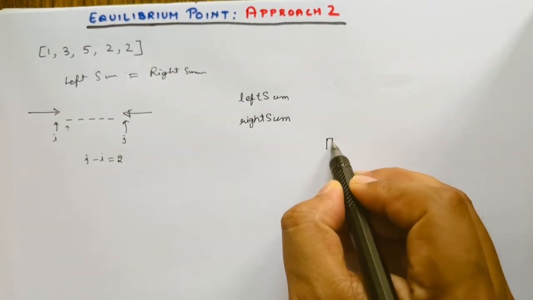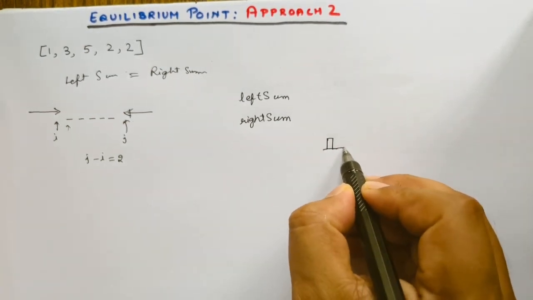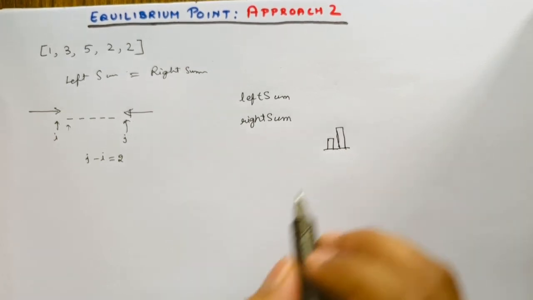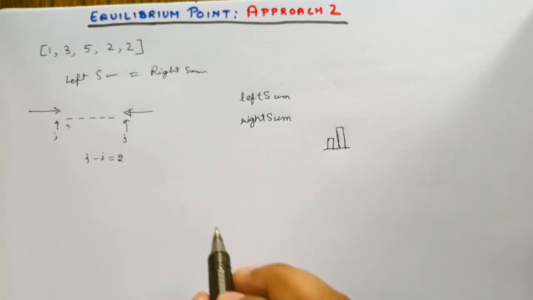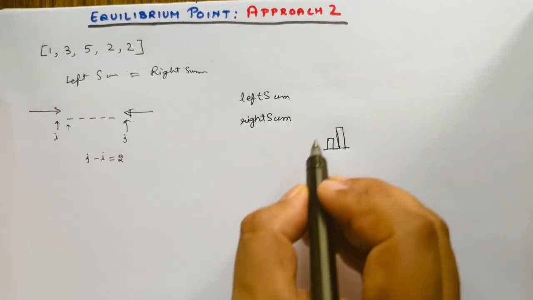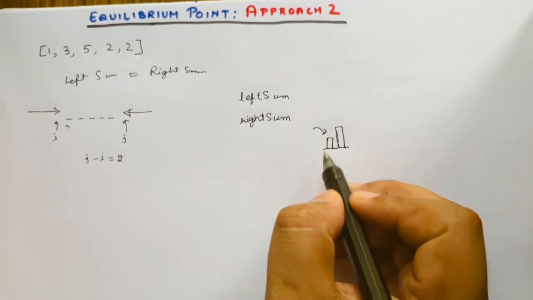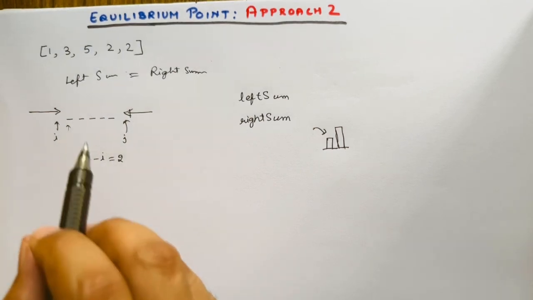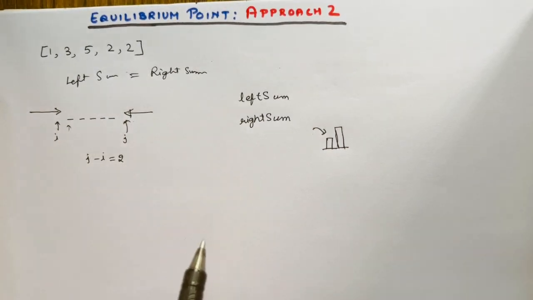Now, let's say at any point in time, our left sum is lesser than what our right sum is. Now, in this iteration, should we add an element from the left or should we add an element from the right? Obviously, we should add element from the left, because we are hoping that we reach a situation where left sum is equal to right sum.